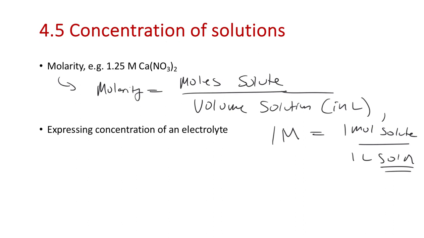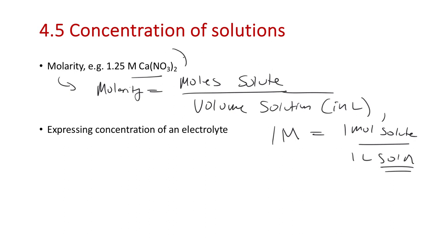So we could prepare a solution by taking some mass of calcium nitrate. You can take calcium nitrate powder, which is relatively pure, weigh it out on a balance, and dissolve it into water, into a total solution where the total solution volume would be about 1 liter. If you had 1 liter of this solution, then you'd have 1.25 moles of the calcium nitrate dissolved in that liter of solution.